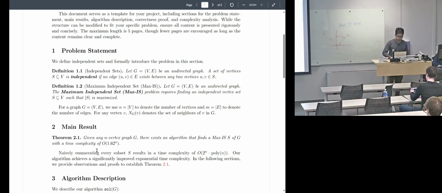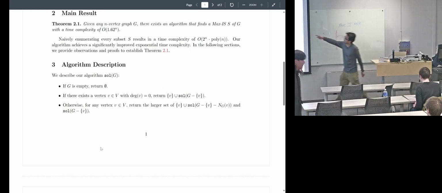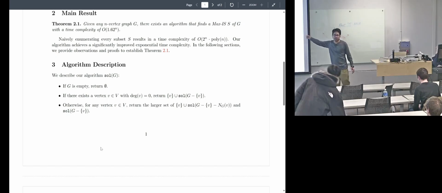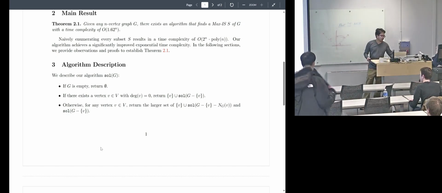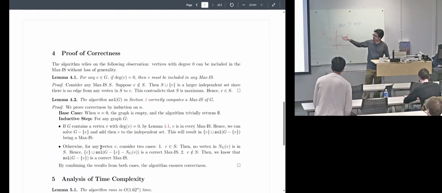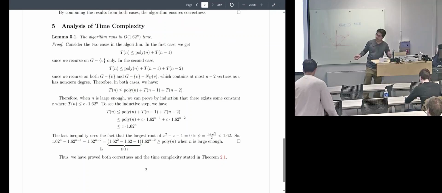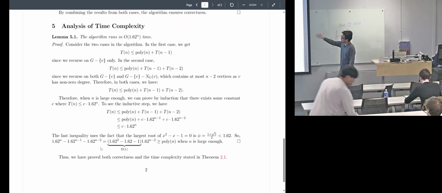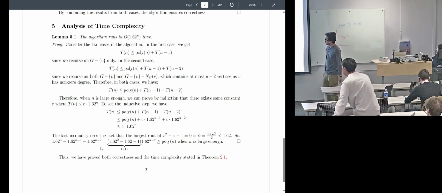Then there should be an algorithm that proves this result. Just describe the algorithm without any analysis, and then you prove the correctness of the algorithm and analyze its running time. So this is my example.